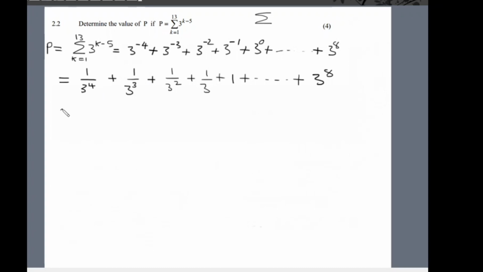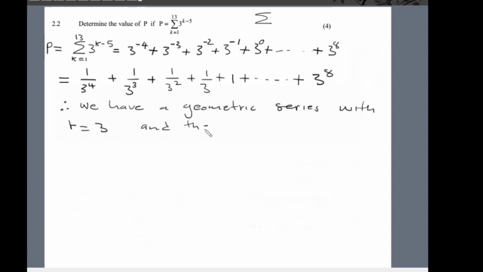So therefore we have a geometric series with the common ratio r equal to 3, and the first term is 1 over 3 to the power 4, or 1 over 81, which means that a is equal to 1 over 81, right?